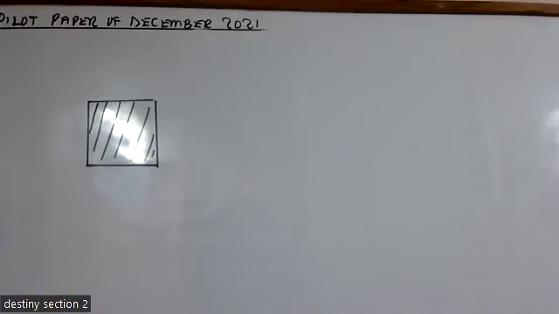Then we have the scrap. Now the scrap will be arrived at 10% of 830 plus 70, that is 900. So that must be 90. So the scrap is 90.